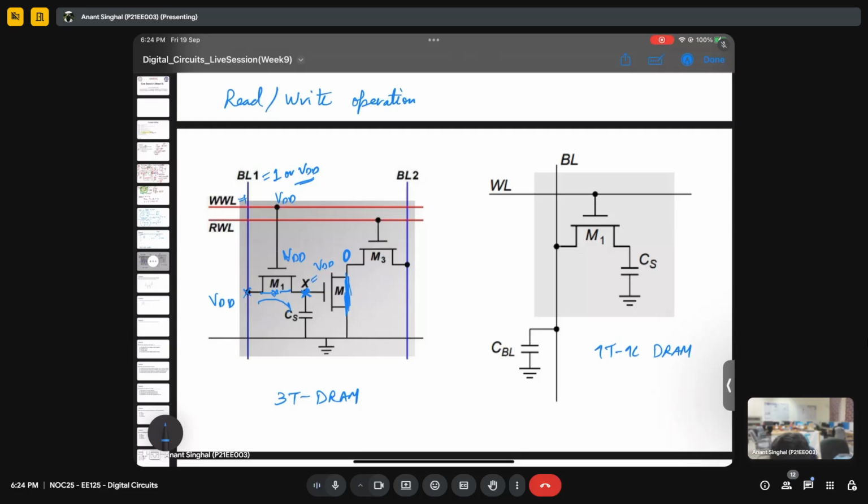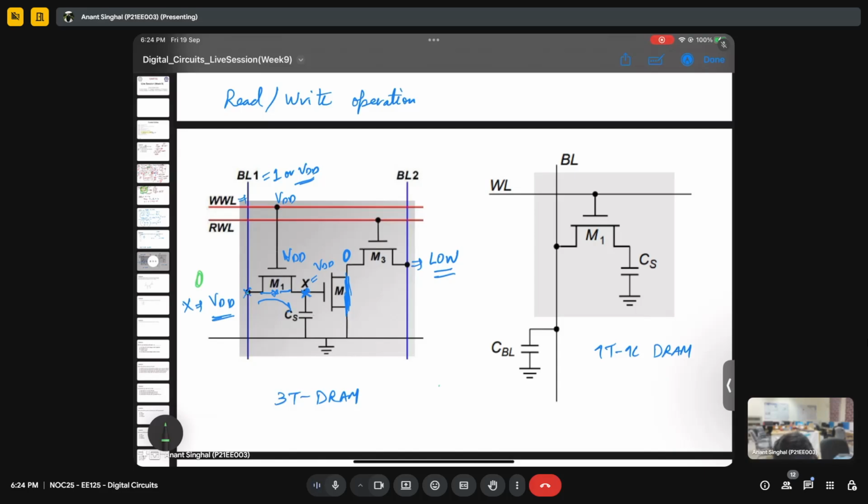Let's say this node will be low or 0. I am calling this X. So this will be low.